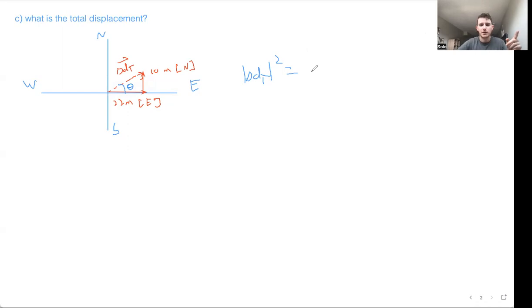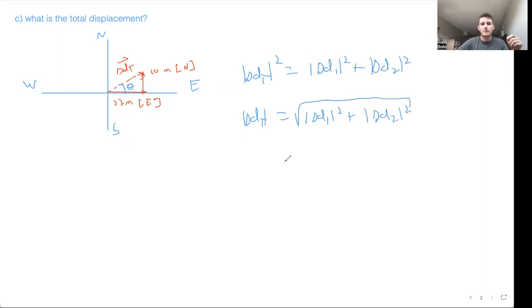So delta d_t here is equal to delta d1 squared plus, and this means just the magnitude of delta d2 squared. So the magnitude of delta d_t is equal to the same thing under a square root sign. And we can plug everything in here. So delta d1 is 22 meters squared plus 10 meters squared.